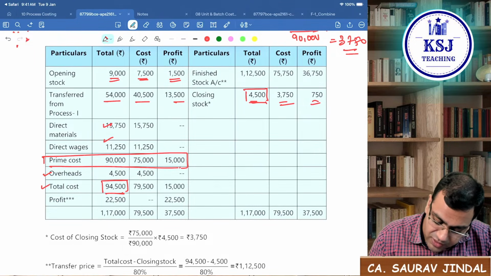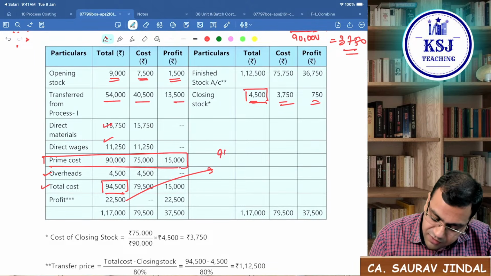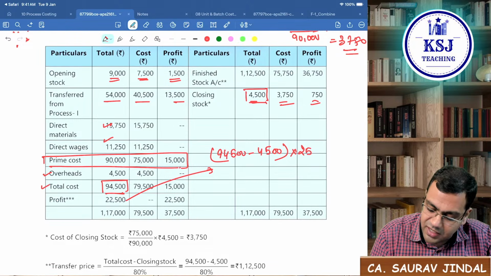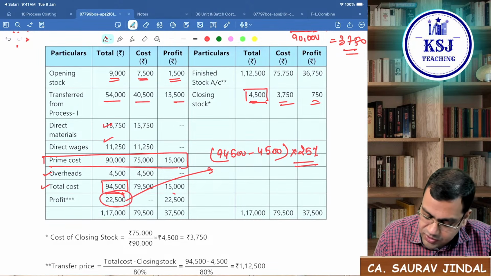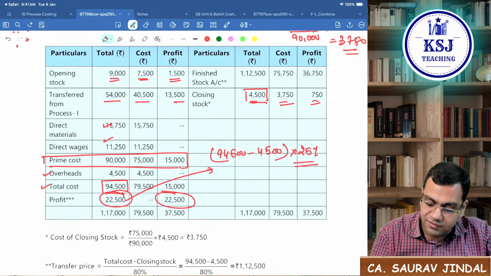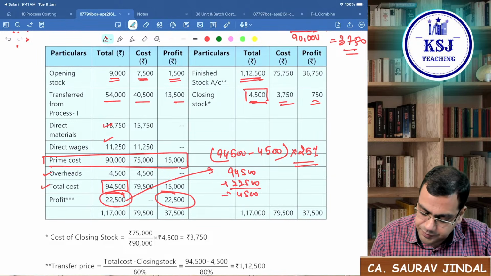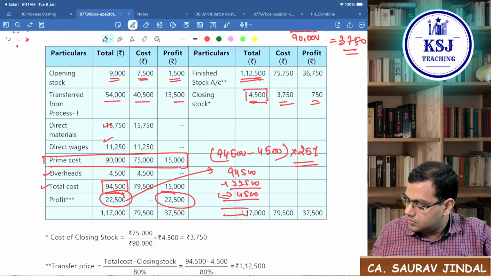So how will you calculate this profit? Total cost of 94,500 minus closing stock, which is already there, on which we cannot calculate, into 25%. So this will come to 22,500. So what is the value at which the finished goods are being transferred? 94,500 plus 22,500 minus 4,500. Check once.